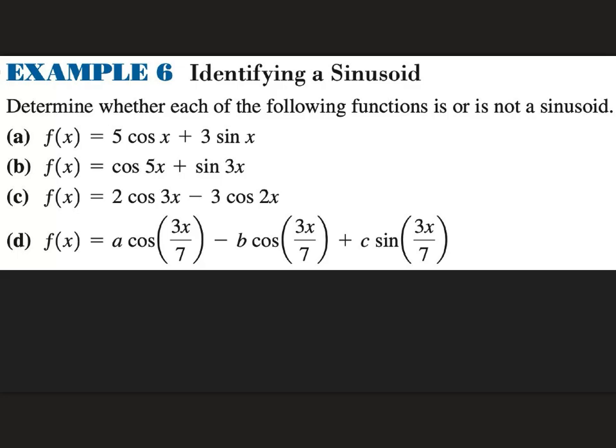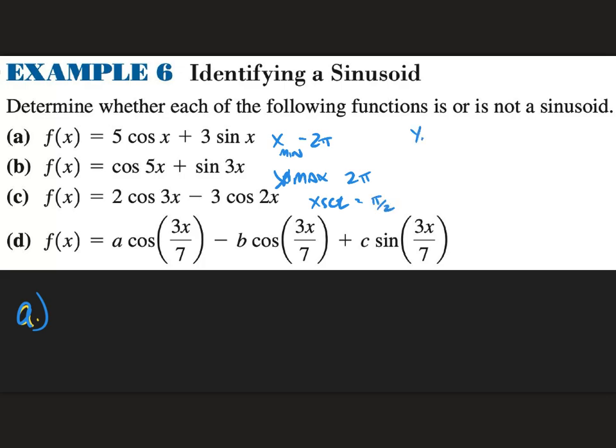Okay, so A. Let's put A in blue because that's how it's going to show up on the calculator. You're going to put this in the calculator. You're going to change your window to negative 2 pi for X min, X max is going to be 2 pi, your X scale, that's the tick marks on the X axis, is going to be pi over 2.